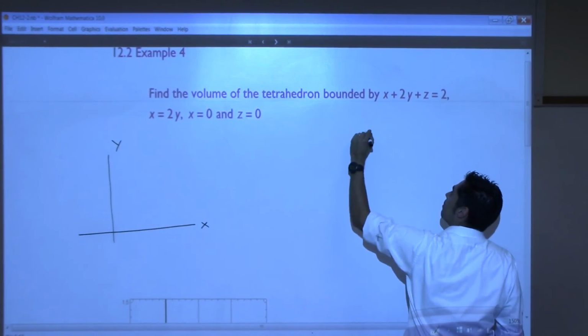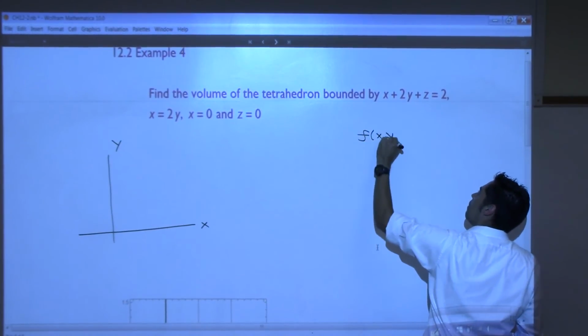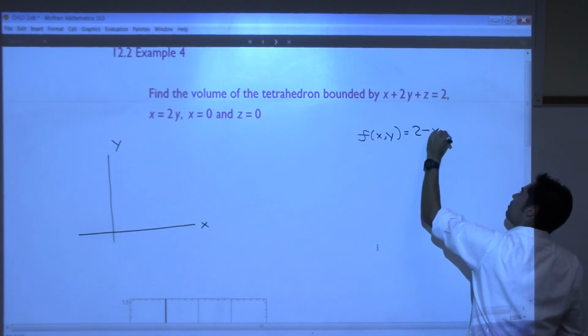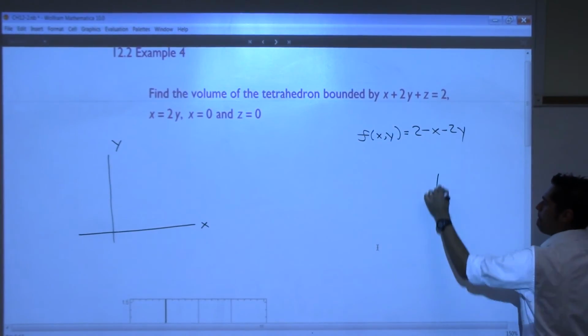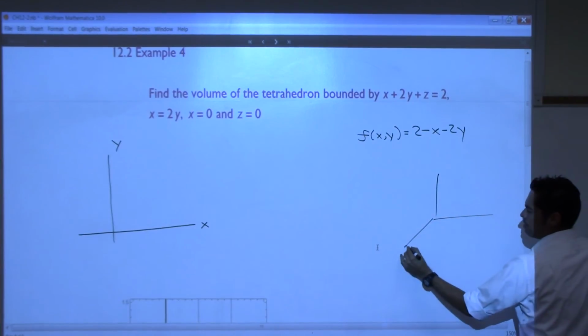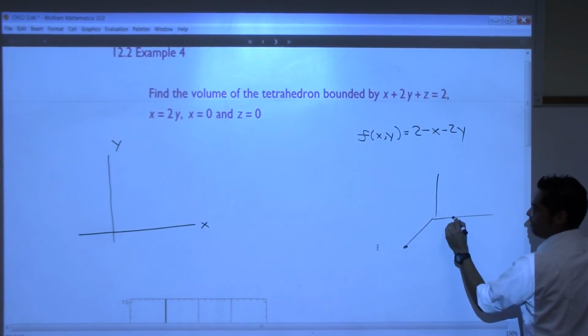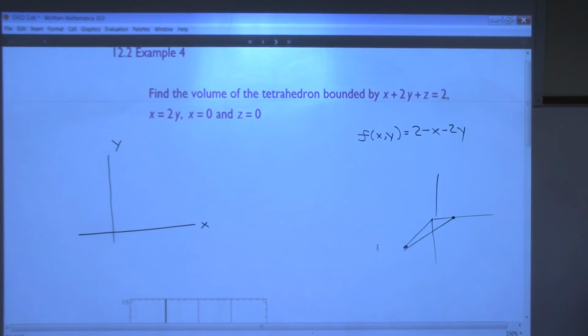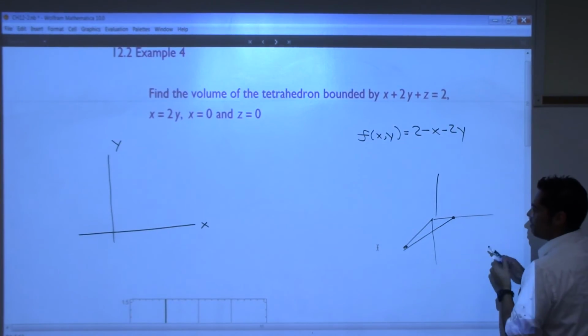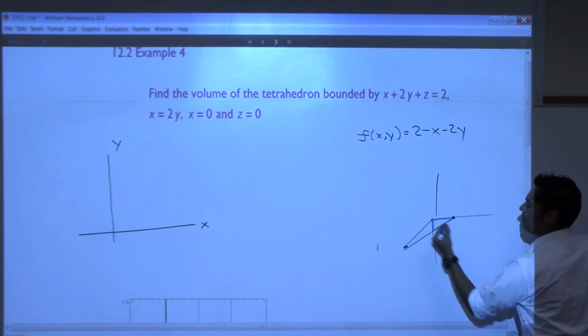I already know f of xy was 2 minus x minus 2y. What does it look like on the ground, though? Maybe I shouldn't have erased it, huh? We had this point, it came over, but then I came through and I cut through that way, didn't I? And the region I was talking about was this one in here.